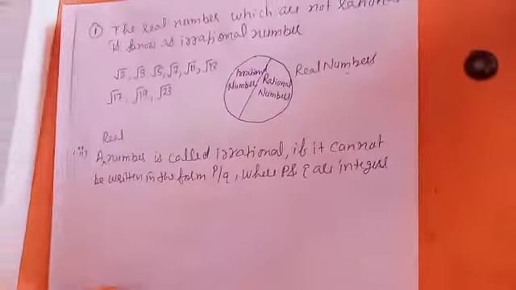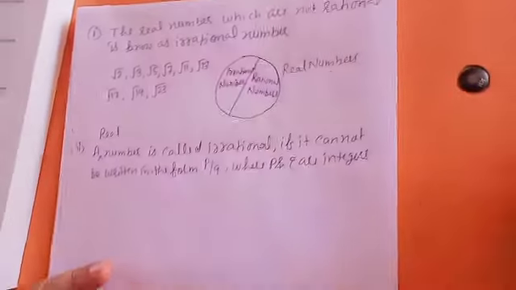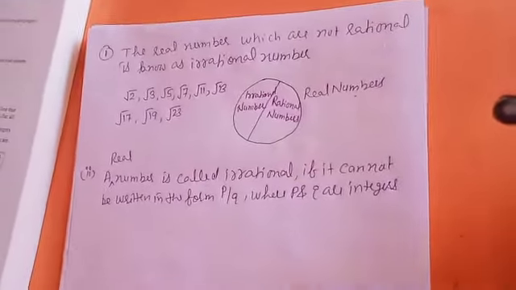Take one example. I am saying 102, 103, 105, 107, 111 are irrational numbers.